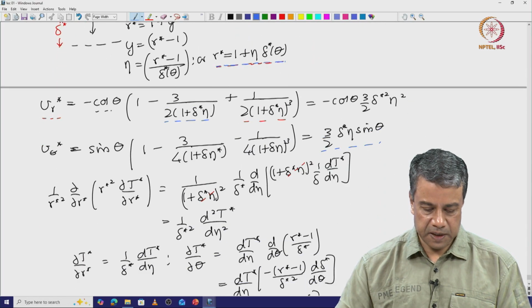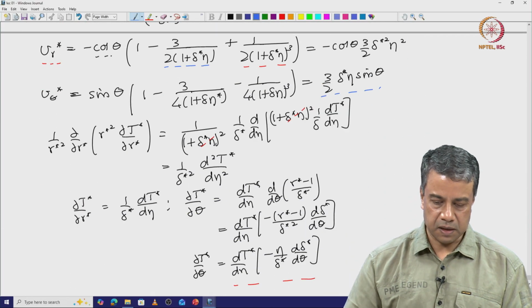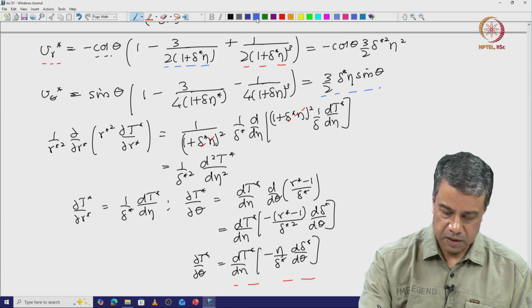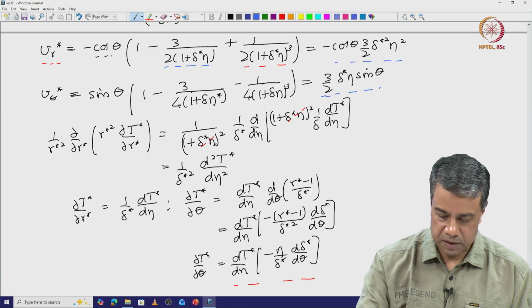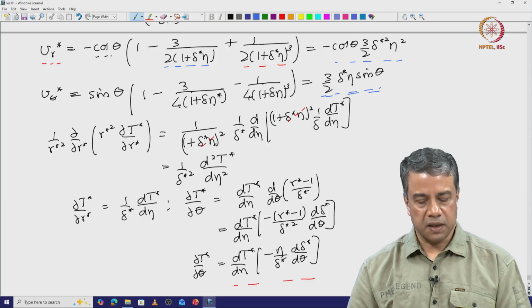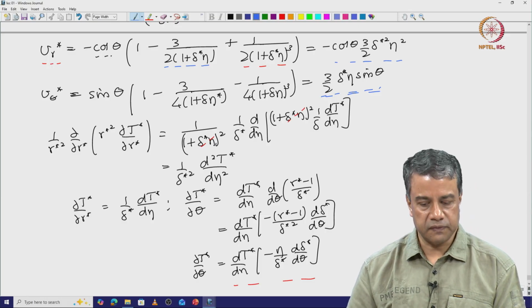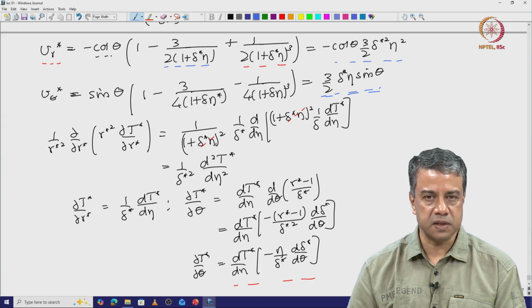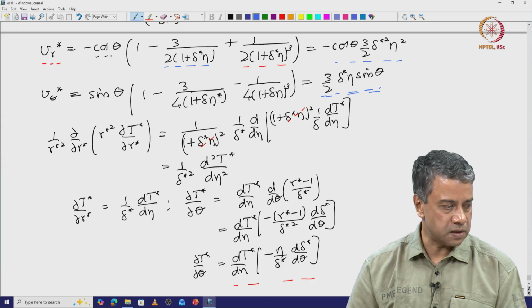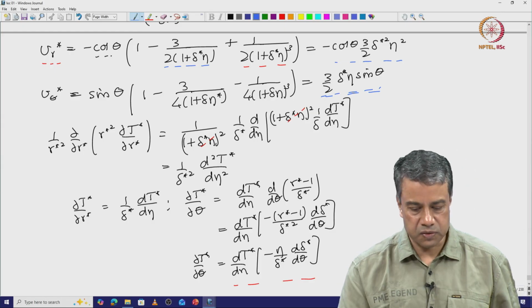We had used an expansion in small delta eta to calculate approximations for the two velocity components, the radial and the azimuthal velocity components, in the limit as delta eta goes to 0.